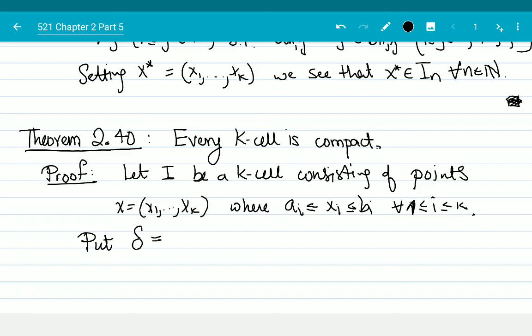Put delta equal to the summation over i = 1 to k of (bi minus ai) squared, all to the 1/2. Right? This is the standard Euclidean distance.